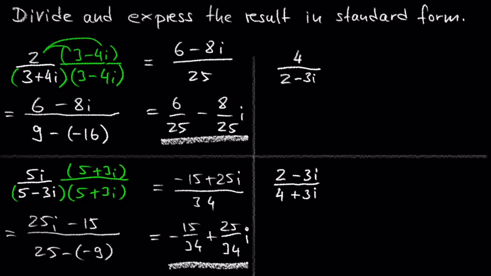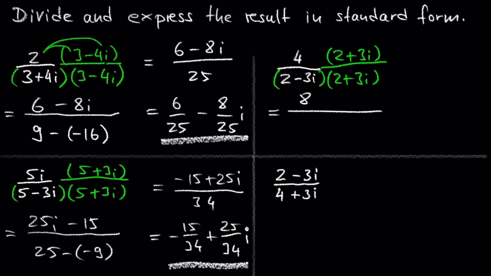The complex conjugate of 2 minus 3i is 2 plus 3i. 4 times 2 is 8. And 4 times 3i is 12i. 2 squared is 4.